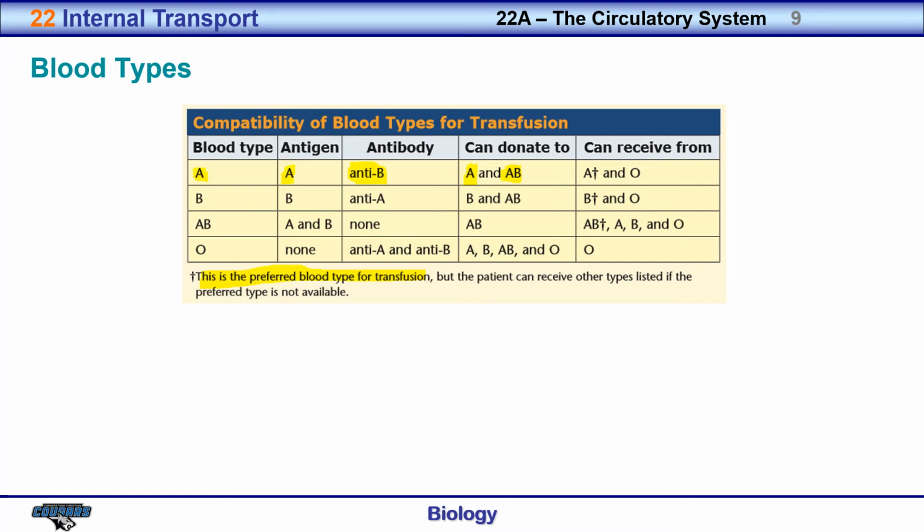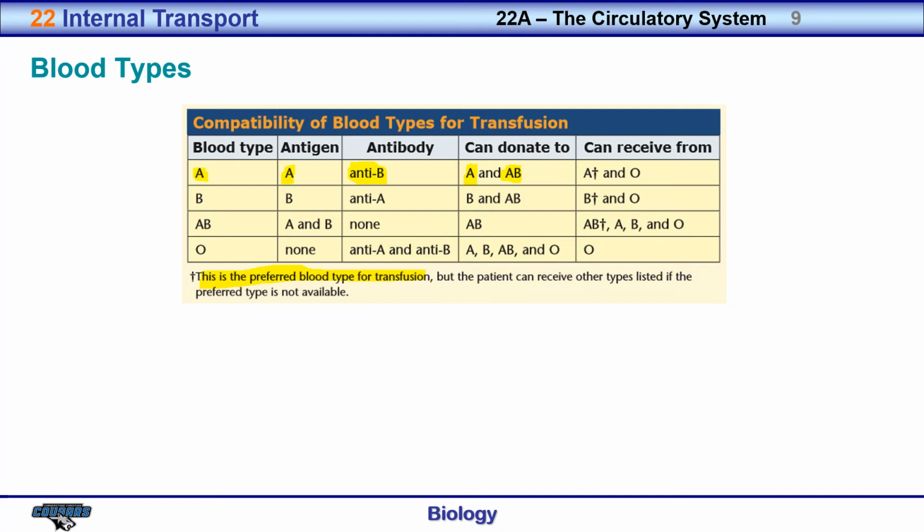You can receive type O. Why type O? Well, type O has neither antigen, so there's nothing to upset its system by bringing in any antigens. Type O doesn't have any antigens, and so type O blood would be an alternate blood type that you could receive.